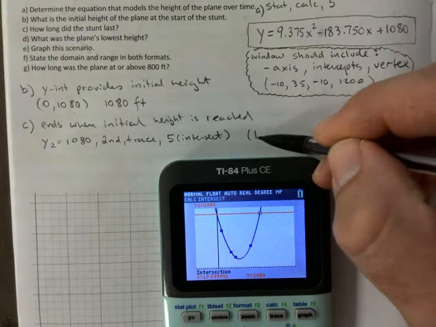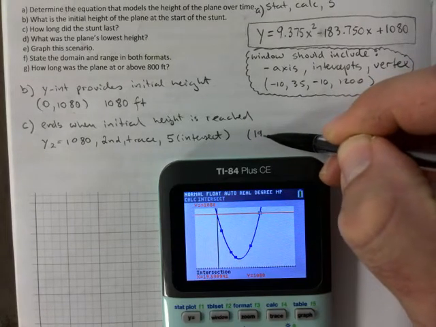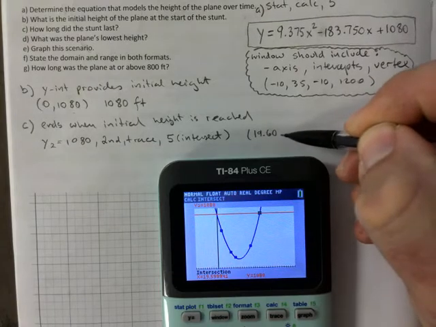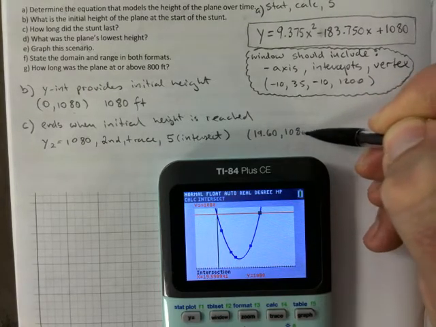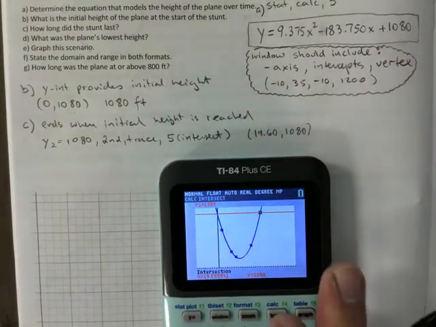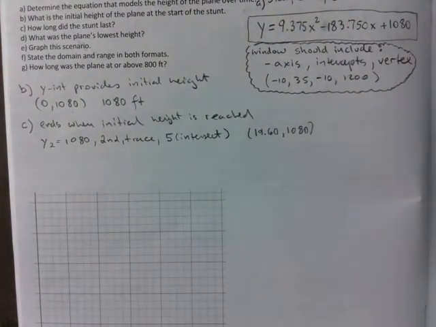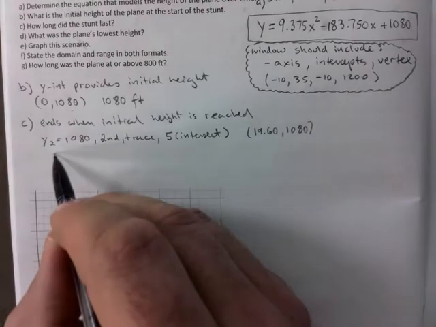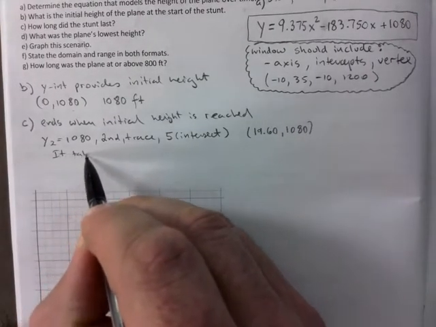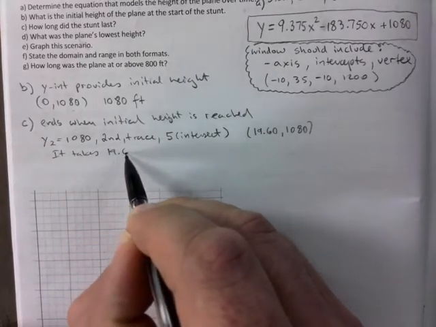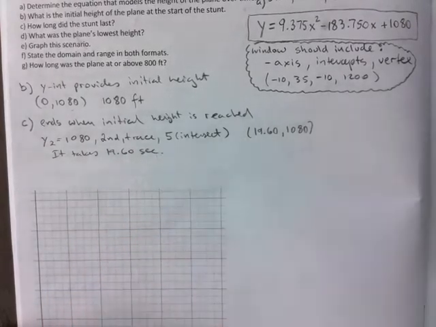That's definitely a 19.6 if you round that one. 60. And it's 1080, no surprises there. So because we start at time 0, right, that's initial, then it happens again. So it takes 19.60 seconds. Okay, done.